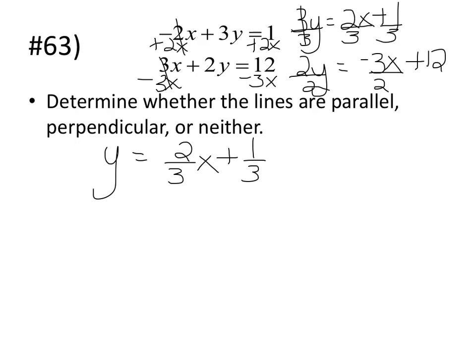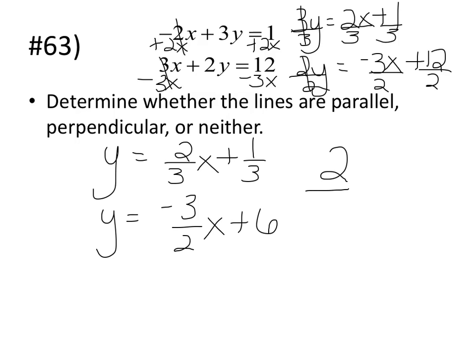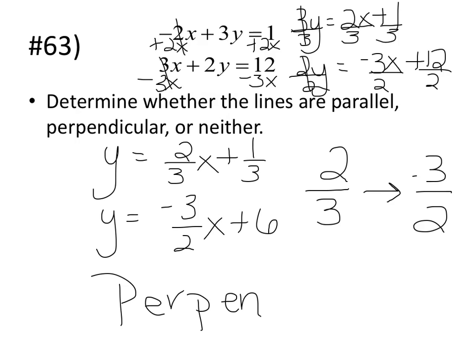Divide everything by 2, giving me y is equal to negative 3/2 x plus 6. Now let's look at our slopes. 2/3 and negative 3/2 are opposite reciprocals of each other. Because if you take 2/3 and you flip it over and change the sign, you get opposite reciprocals. So these are perpendicular.